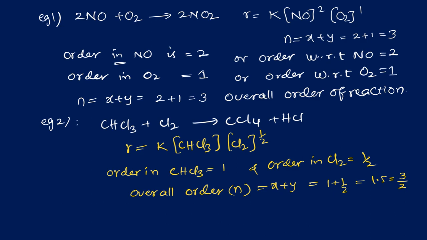Next example is CH3COOC2H5. This is one ester functional group, known as ethyl acetate.